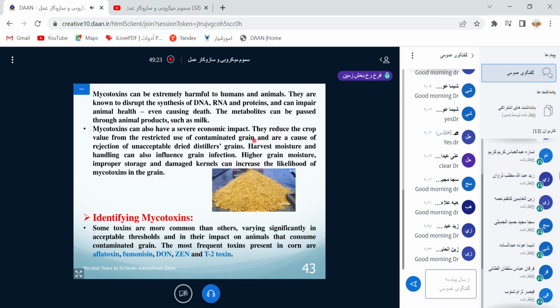They reduce the crop value from the restricted use of contaminated grain and are a cause of rejection of unacceptable dry distillers grain.